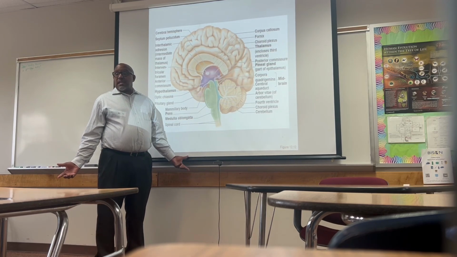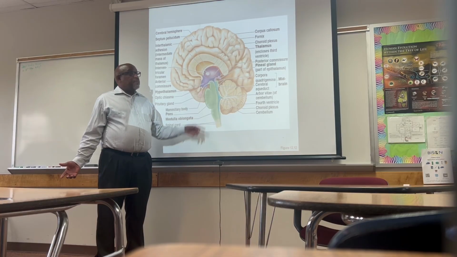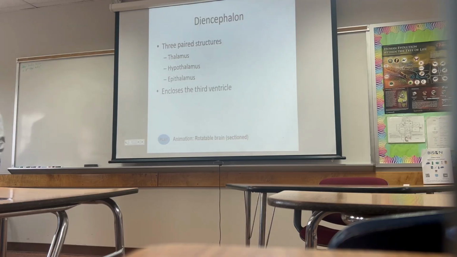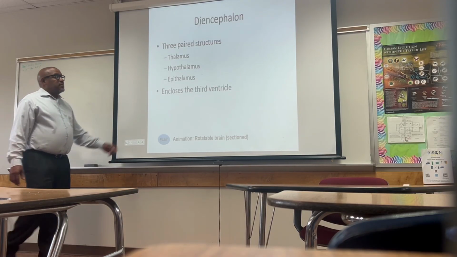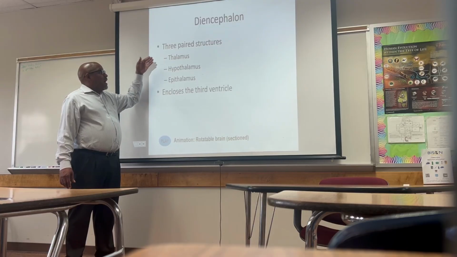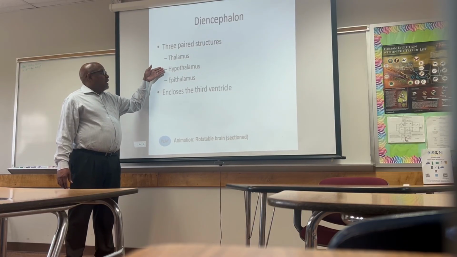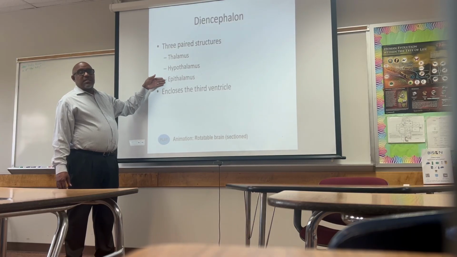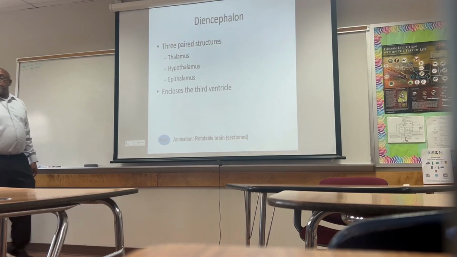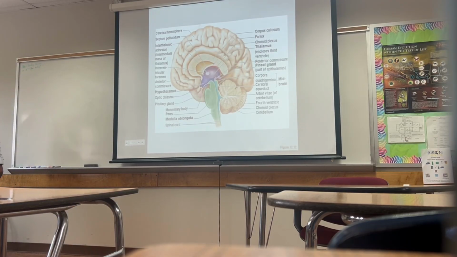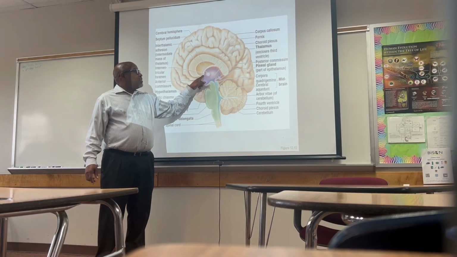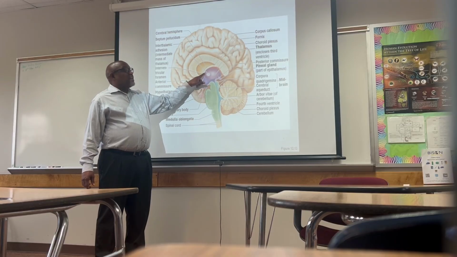That's what we looked at as the thalamus in the sheep brain. The diencephalon is made of three parts: the thalamus, the hypothalamus, and the epithalamus. I'm going to come back to the picture. I just want you to see where it is. The purple egg shape here, that's the thalamus.